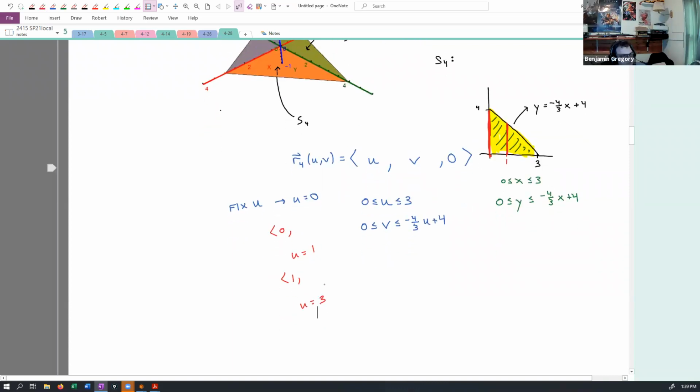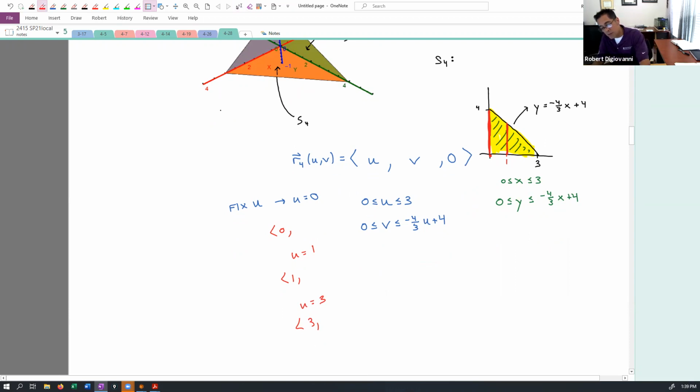I mean, v equals 0 there. Yeah, sorry, 3 would be here. We'd be at 3. And then if we plug in 3 here, the 3's would cancel. We get negative 4 plus 4, and that would give you 0, which means we go out here to 3 and we wouldn't draw up and down at all. So what you're essentially doing is moving your u between 0 and 3, and you keep drawing these little line segments each time you move your u until you draw the whole region.